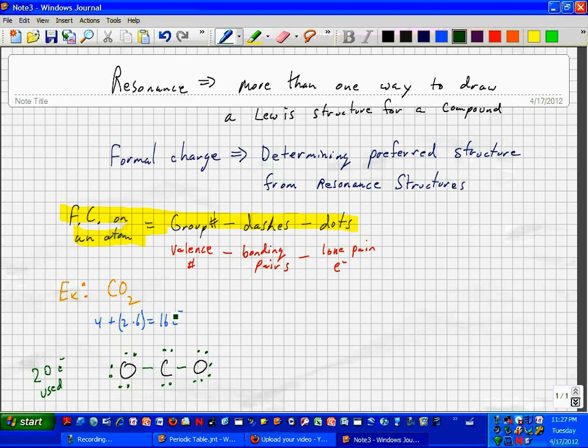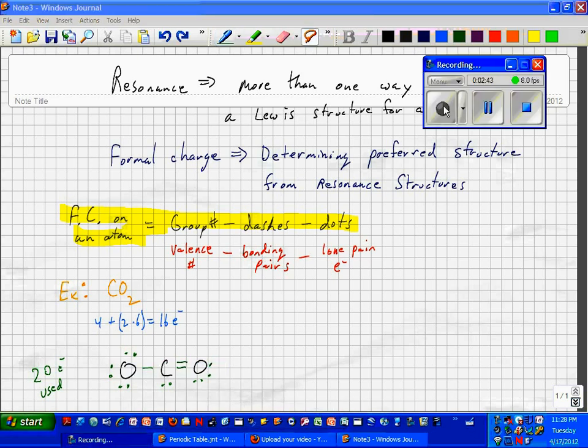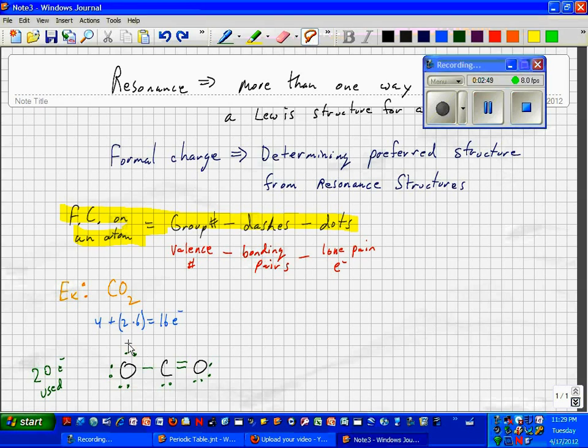I only had 16 available, so I need to start adding some multiple bonds. So I'm going to erase 2 electrons off the central and 2 electrons off one of the oxygens, and connect another bond to that. At this point, I'd like to make a couple of copies of this because I've got a few options and I want to show you what's going to happen here.